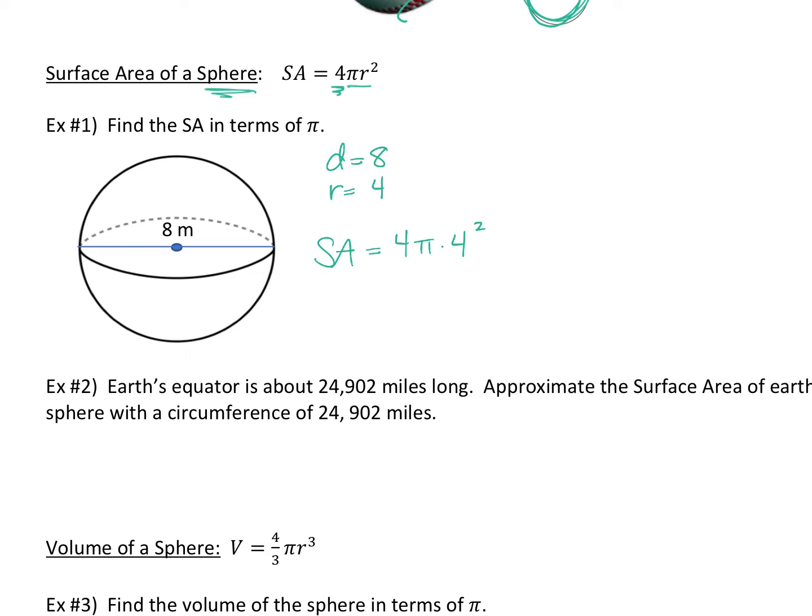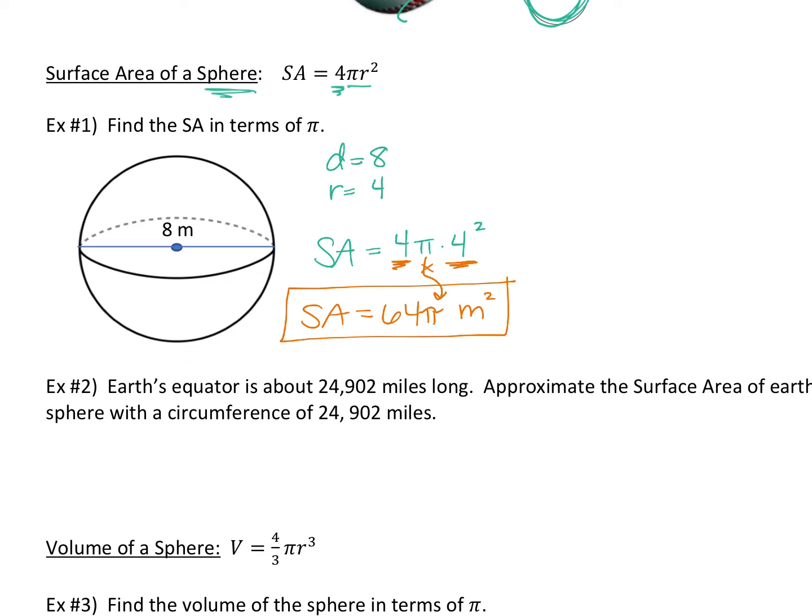Leave the pi out of it, okay? Type in 4 times 4 squared. What do you get? 64. Then you can drop the pi in. And then it's area, so what is it? Meters squared. Okay, surface area of a sphere is 64 pi meters squared.